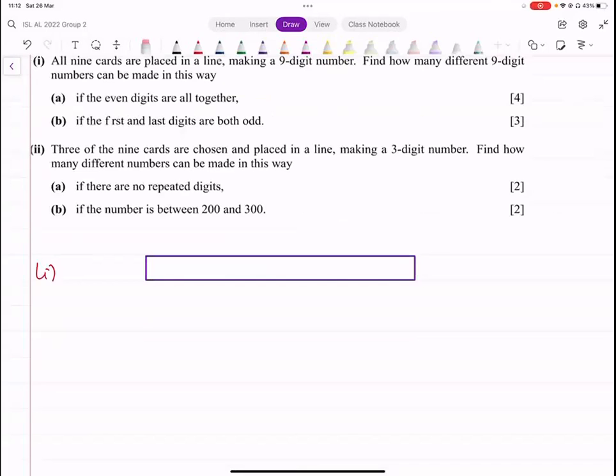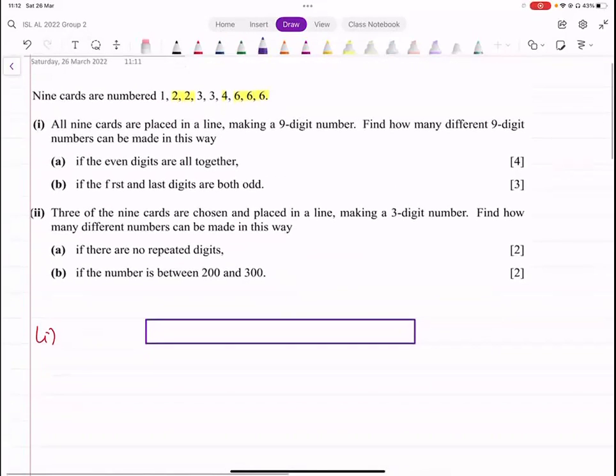So we've got 9 boxes in total, but 1 box for the even digits. This box has the even numbers, which are 2, 2, 4, 6, 6, 6. ठीक है? या कुछ 6 even numbers यहाँ पर आ गए.